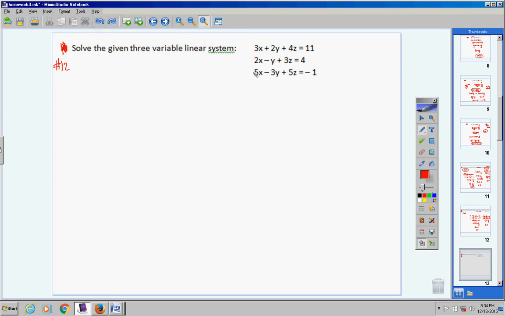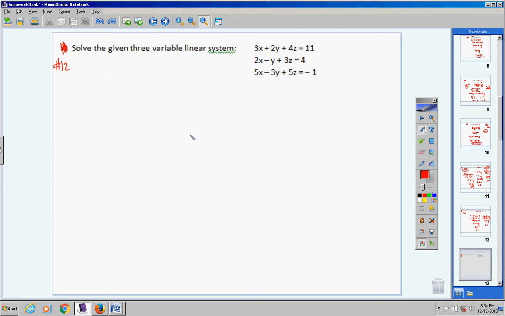You got a 3, a 2, and a 5. Same thing with your z's. You've got a 4, a 3, and a 5. But look at your y's. You've got a 1 here. You could easily multiply this middle equation by a 2 to give you a negative 2. And then you could multiply the middle equation by 3 or negative 3 to give you a positive 3 here. So I'm going to try to eliminate my y's.